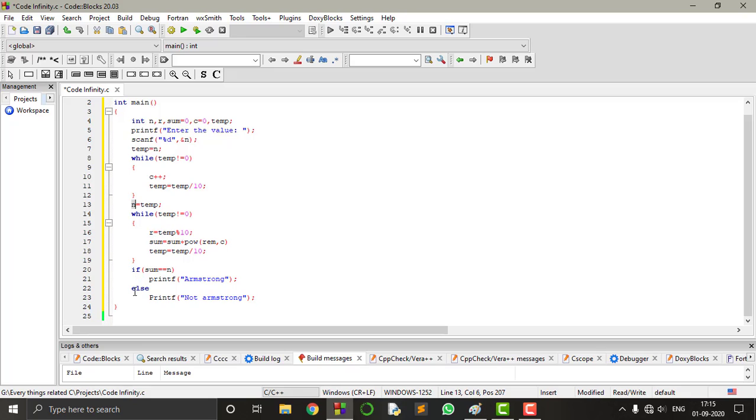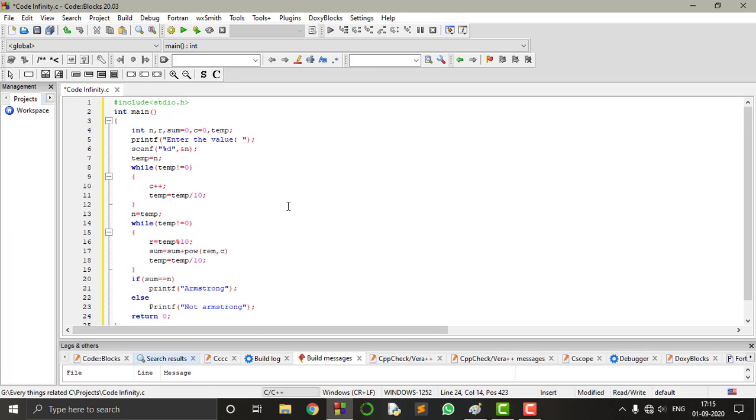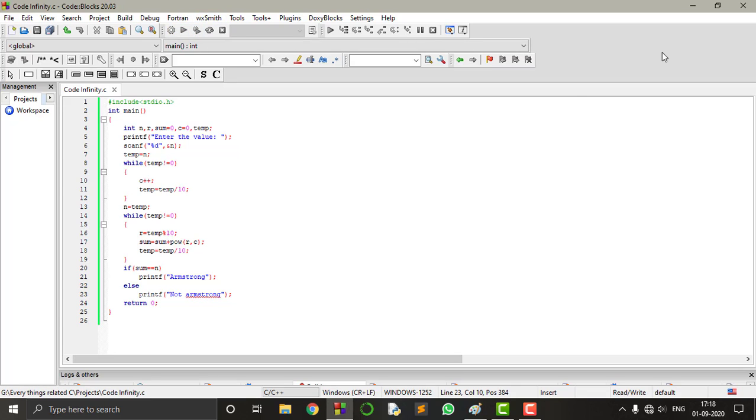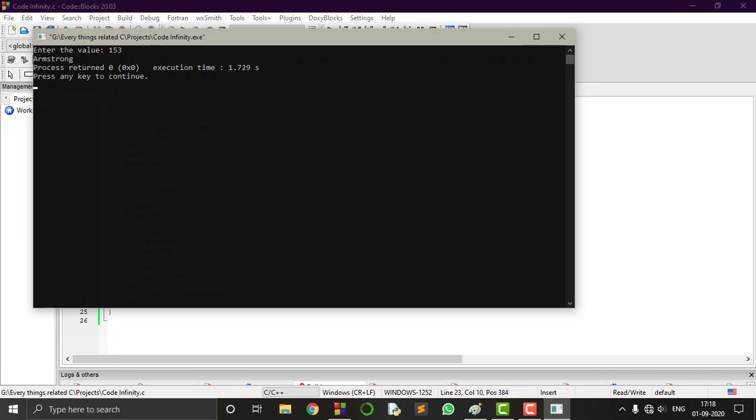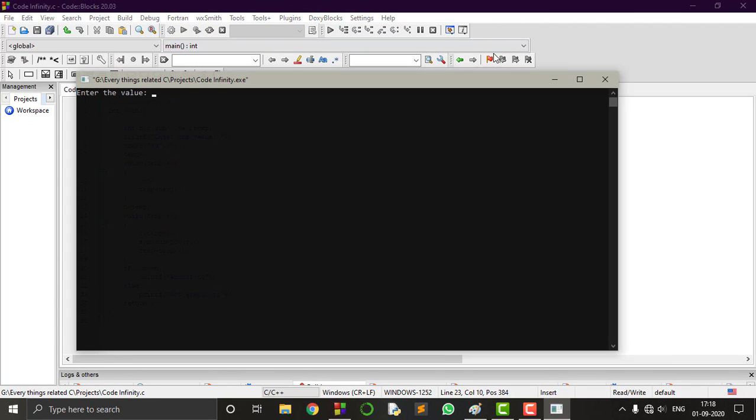If the value of sum equals the value of n, meaning 153, then it's an Armstrong number. If not, then it's not an Armstrong number. Then return 0. We check. So you can see here 153 is an Armstrong number and 152 is not an Armstrong number.